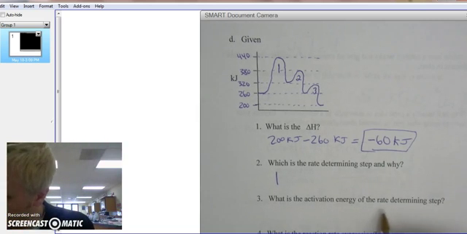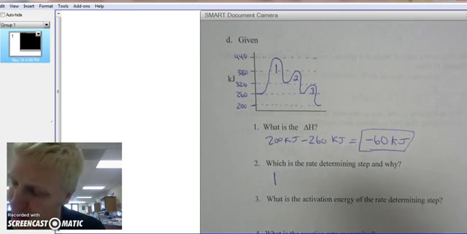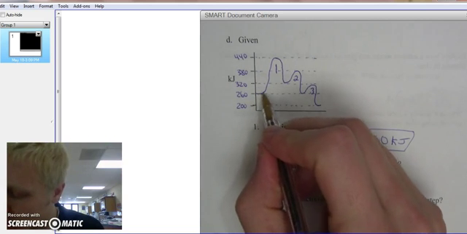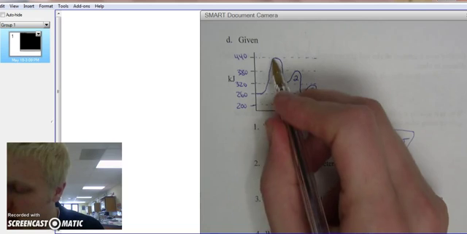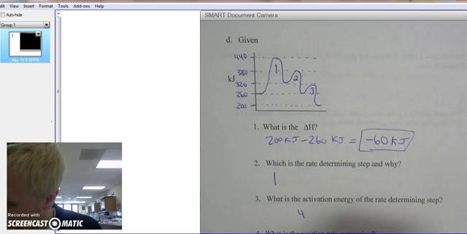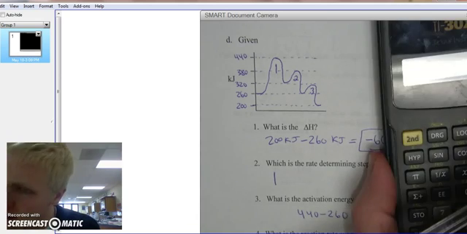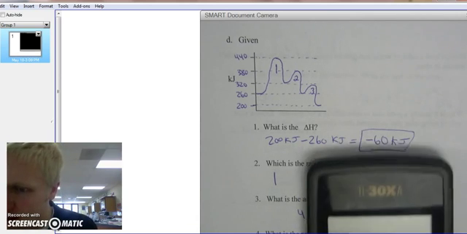What is the activation energy of the rate determining step? This is just a potential energy question. We have the activation energies right here. We're starting at 260, ending at 440. What is the activation energy? 440 minus 260. If you don't know how to do that in your head, that's totally okay.